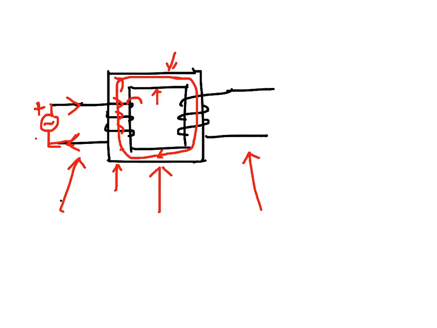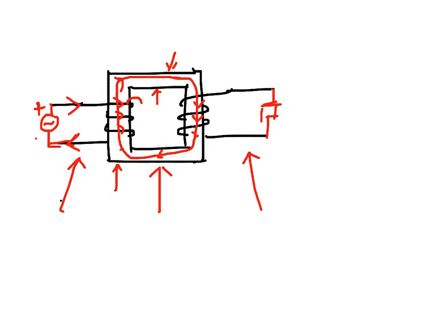Now this is an AC current, so the flux is also changing, and this changing magnetic flux is also passing through this coil. Nothing is connected here, maybe some sort of load is connected there, but there is no source there. But this changing magnetic field is passing through this winding.